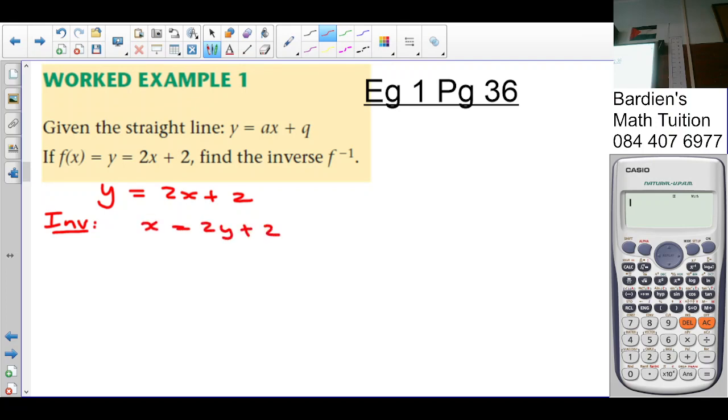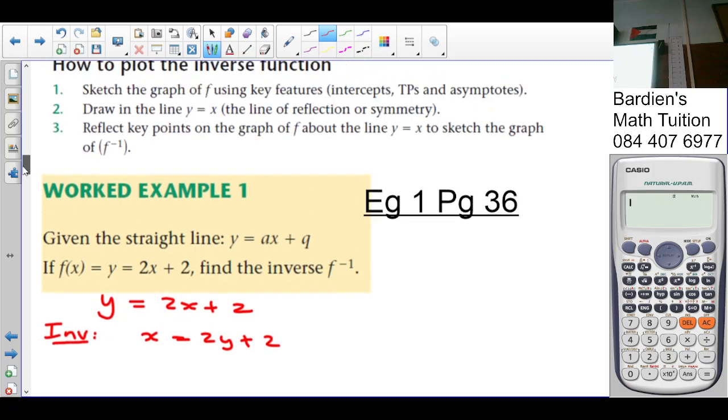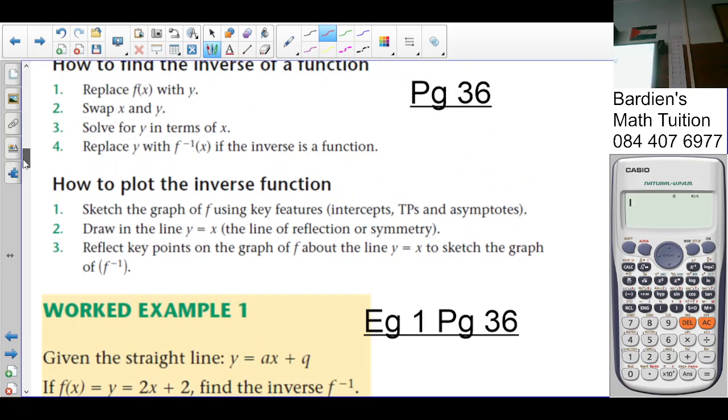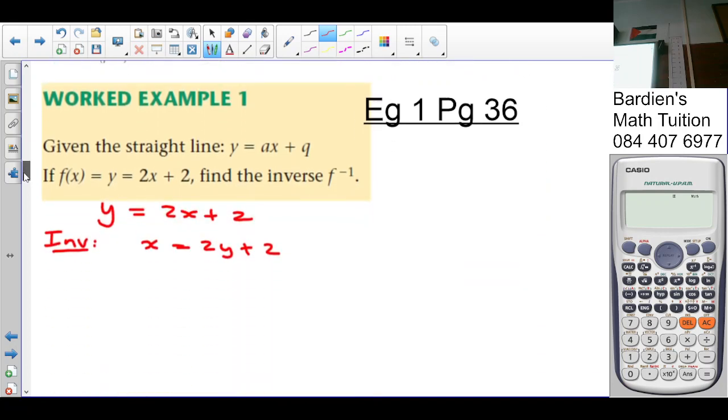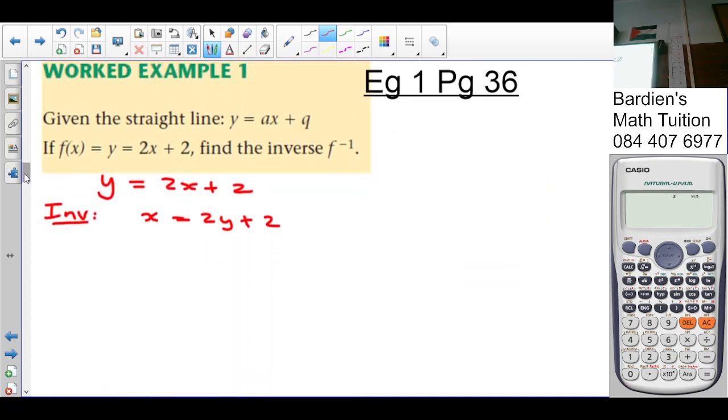What's the next thing we need to do? Solve for y in terms of x, which means you must make y the subject of the formula. So do that quickly. Make y the subject of the formula.